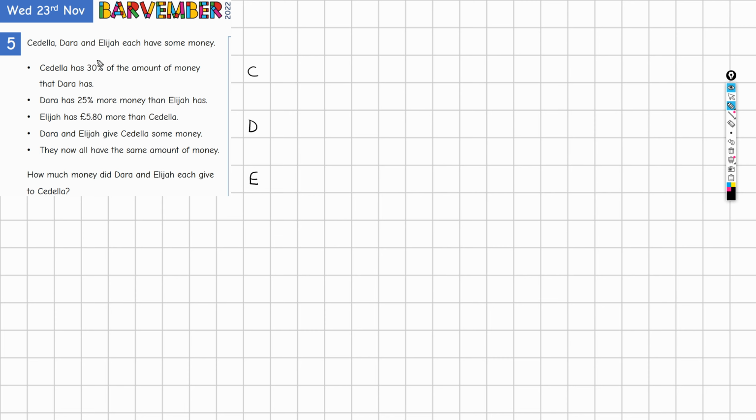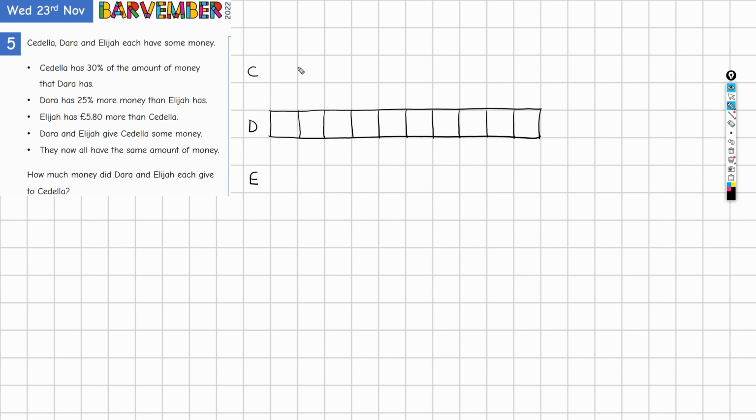So we are dealing in percentages here, and the fact that it's 30% inclines me to give Dara a bar that has 10 equal parts. And we'll see how that works. So that's 1, 2, 3, 4, 5, 6, 7, 8, 9, and 10. So this bar, I hope, will represent what Dara has.